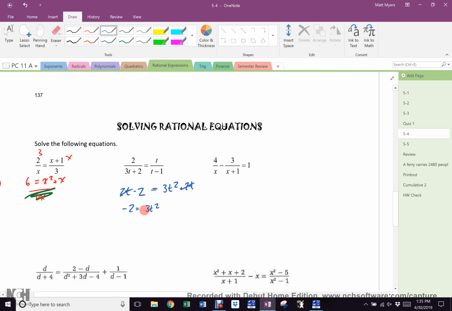How will I isolate t? I will divide both sides by 3. Negative 2/3 equals t squared. How do I get rid of t squared? Square root. Can I square root a negative number? So what's the answer? There isn't one. It's undefined. There's no number that will work for t there. Is there?